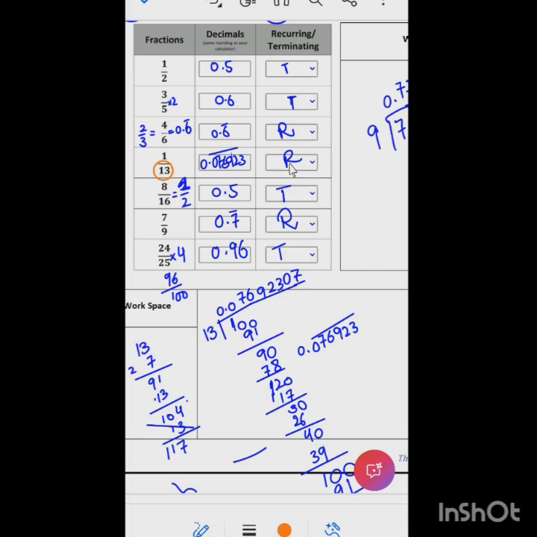It was a recurring decimal. When 3 was a divisor, the recurring decimal again. When 9 is the divisor, it's again a recurring decimal. Same is the case with 7. When 7 is in the divisor, most of the time the number is a recurring decimal.